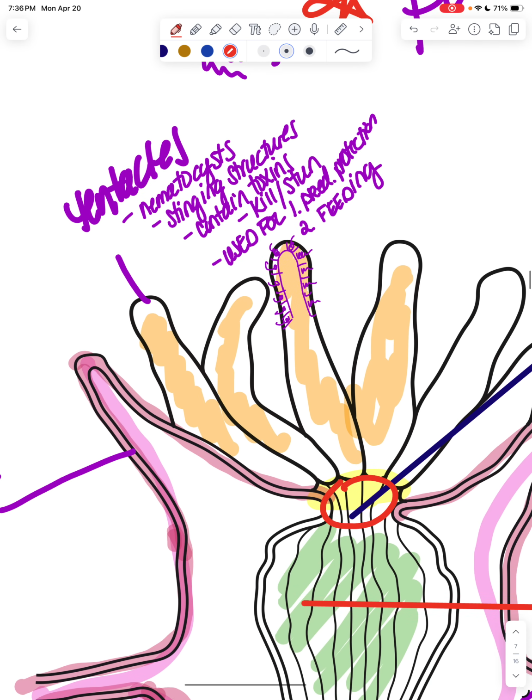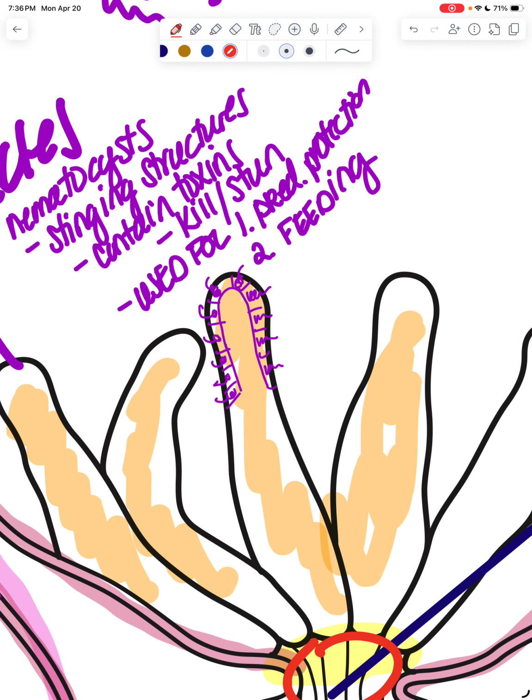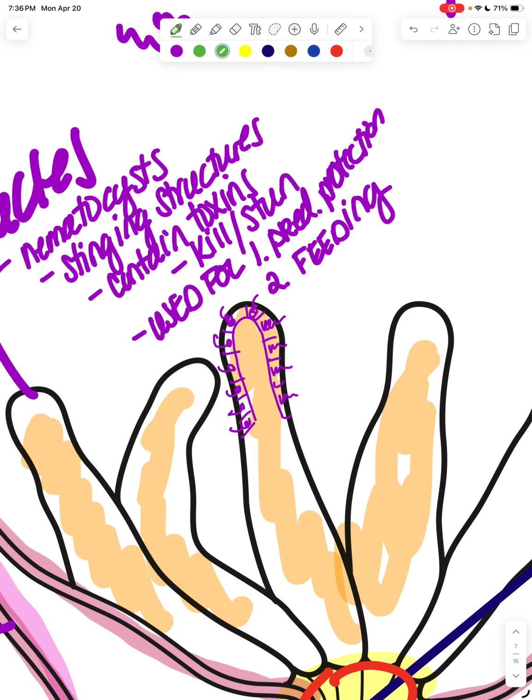Well, we know that corals have a unique relationship with zooxanthellae. And so we do have one other feature here.